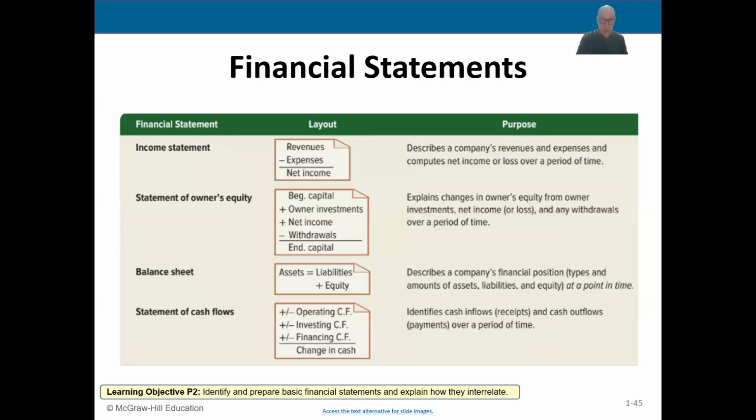We start with the beginning balance plus any investments plus any net income. If it's a net loss, it would be minus. Minus withdrawals from the owners equals ending owner's equity, also known as ending balance retained earnings.